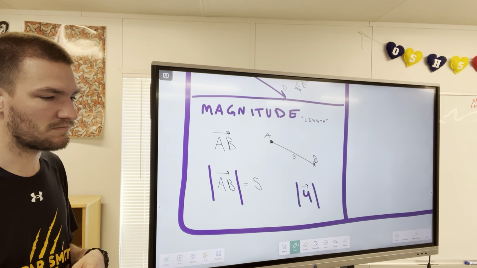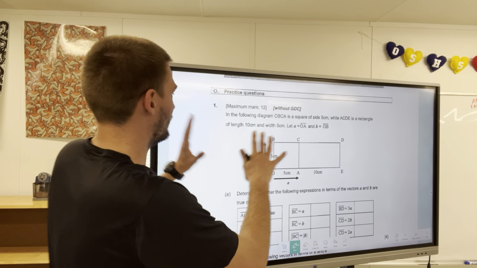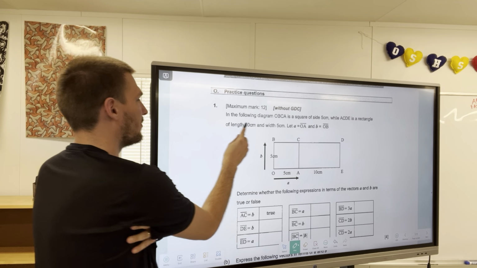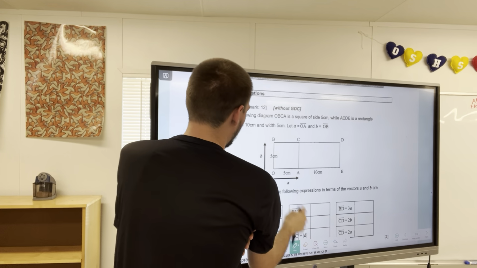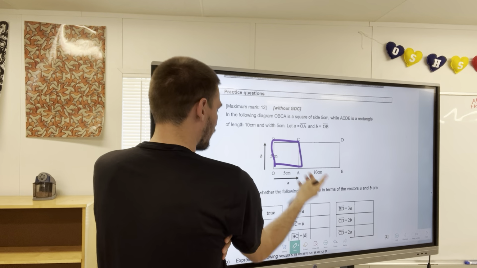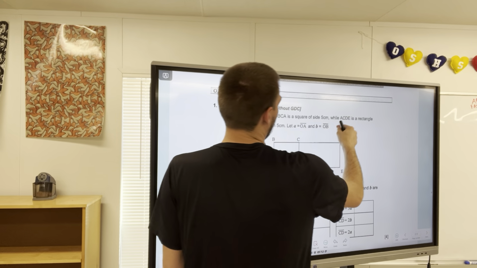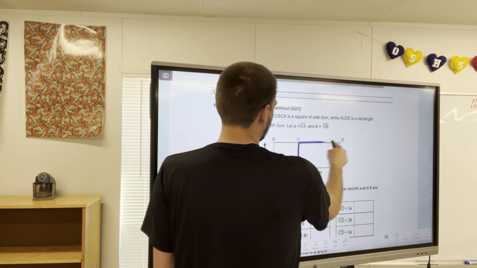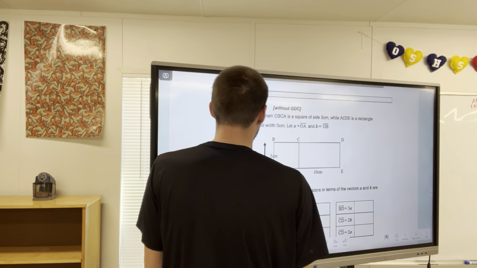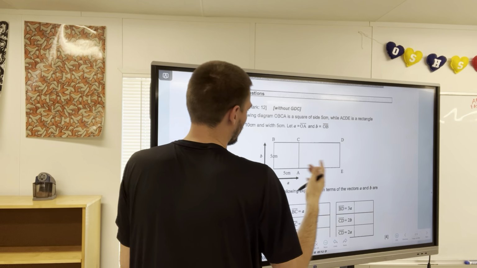Now, let's go back to our classwork here. We're given some information in the following diagram. OBCA is a square, 5, 5, 5, 5, while ACDE is a rectangle of length 10 and 5, okay?